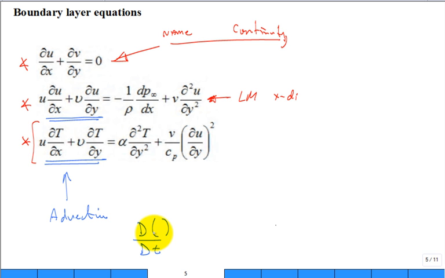Take a look at this term and that term. Can you see the comparison, the analogy? What does this represent? What's the nu? What is the name of the property nu sitting in front? Viscosity. It's kinematic viscosity.